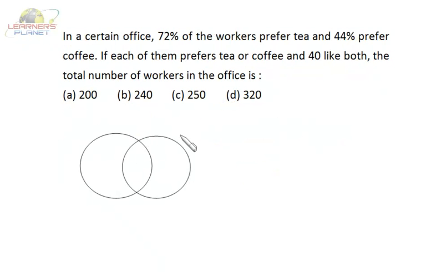Now friends, in a certain office, 72% of the workers prefer tea and 44% prefer coffee. Let this circle be of tea and this circle be of coffee. If each of them prefers tea or coffee and 40 like both, then the total number of workers in the office is? The total is more than 100.